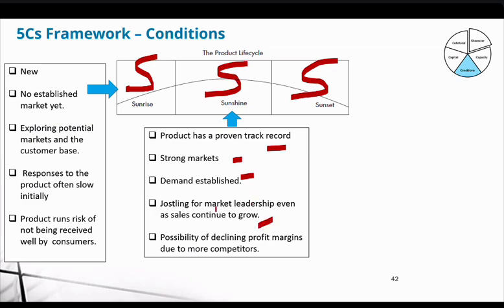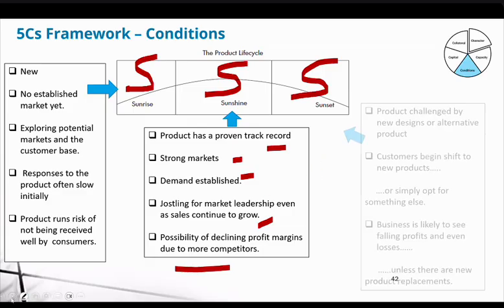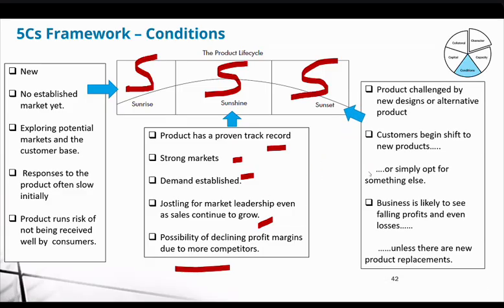They're adjusting for market leadership even as sales continue to grow. There is a possibility of declining profit margins due to more competitors. And here for Sunset, the product is challenged by new design or alternate products. They shift to new products or opt for something else. And the business is likely to see falling profit, even losses, unless there's a new product replacement.